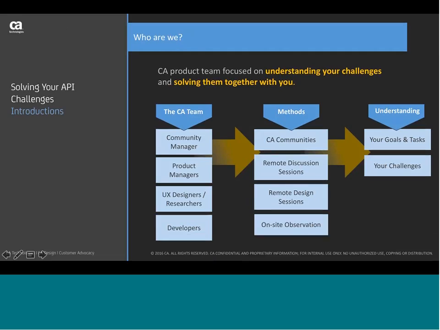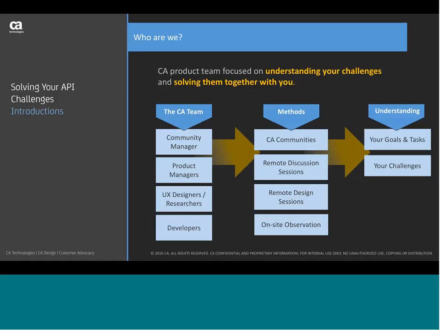So introductions, who are we? We're the CA product team focused on understanding your challenges and working together with you to solve them. Our team is made up of a few different roles. We have obviously Kristen, our excellent community manager, who helps lead and facilitate a lot of our engagement with you through the community site.